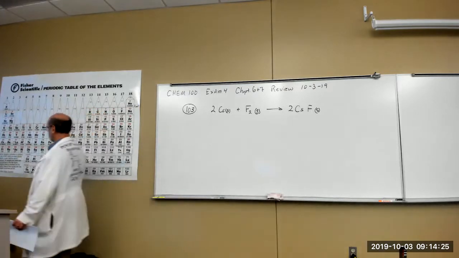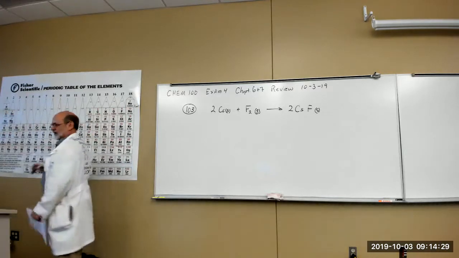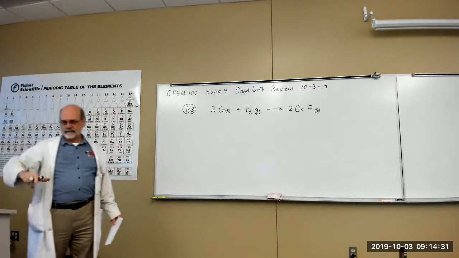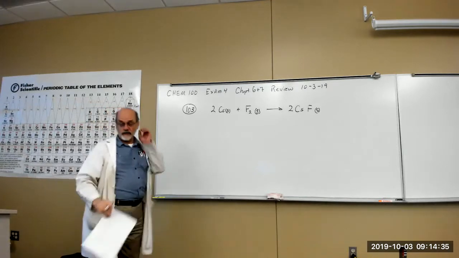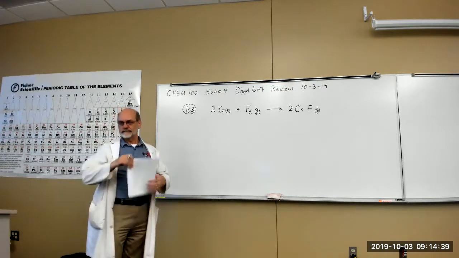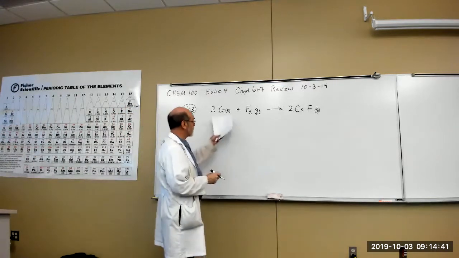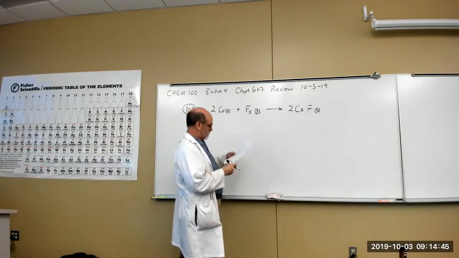Whereas if you had one that's maybe up here, like lithium and fluorine, you might have to use a striker or a match or something to get it going. But it would also be a violent reaction. Exothermic, give off a lot of heat. But this one definitely will. So you don't want to do this one at home.